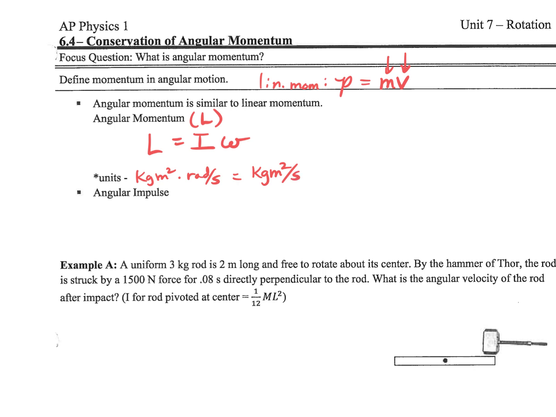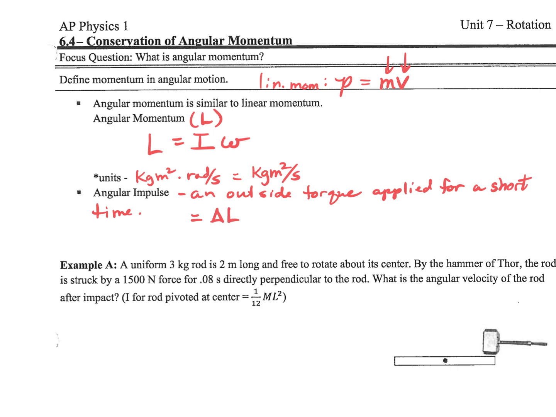Okay. You can have an angular impulse. What is that? It's an outside torque, outside of the system, that's applied for a short time, just like a linear impulse. Angular impulse is equal to change in angular momentum.